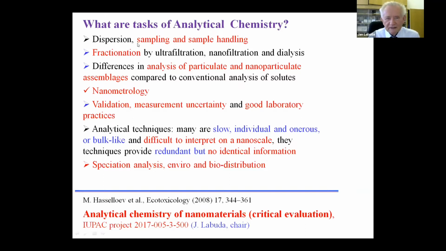So how to obtain nanomaterial from such complex matrices like environment, water, soil, air, from consumer products, particularly from cosmetics, from food, and finally from living organisms. After extraction and separation, fractionation using various physical approaches also becomes important.